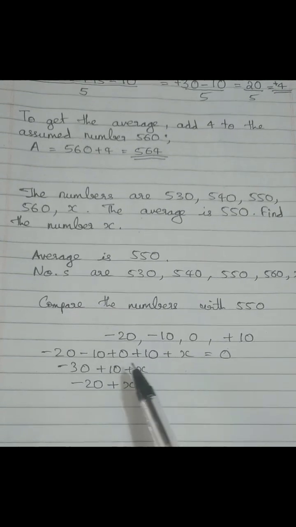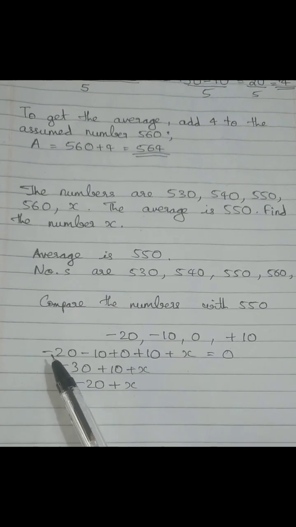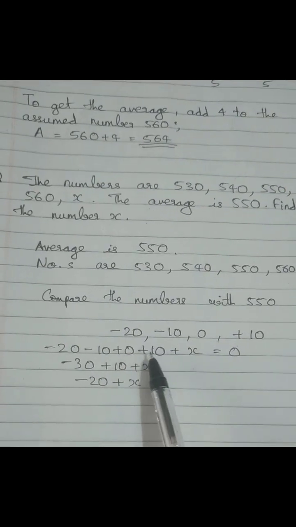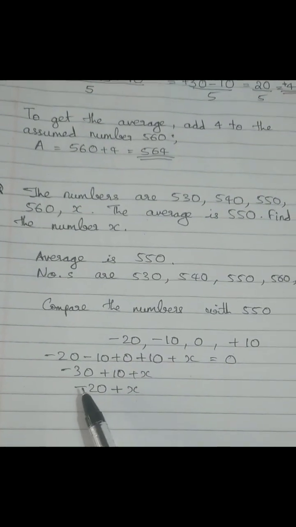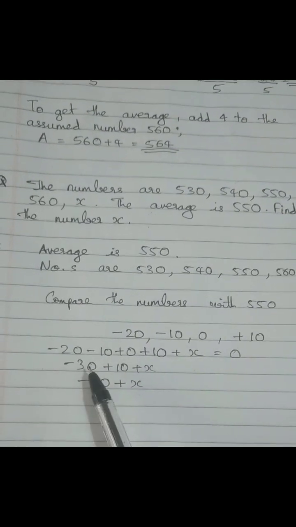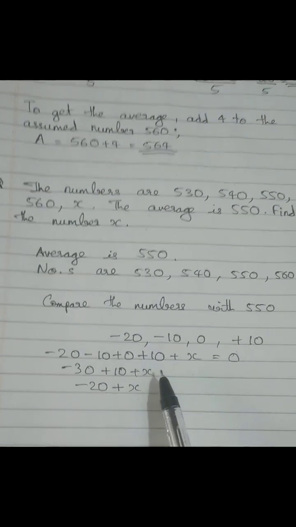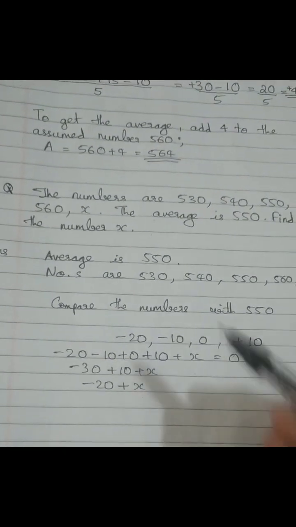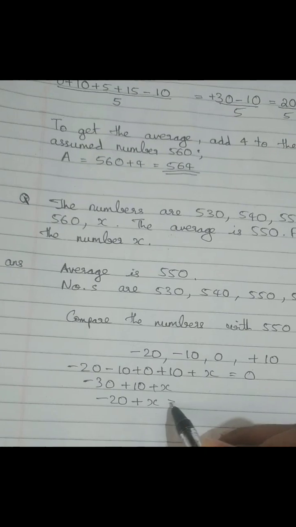So it is a rule. When we add minus 20 and minus 10, we get minus 30, and here plus 10, so we get minus 20 plus x, which must be equal to 0.